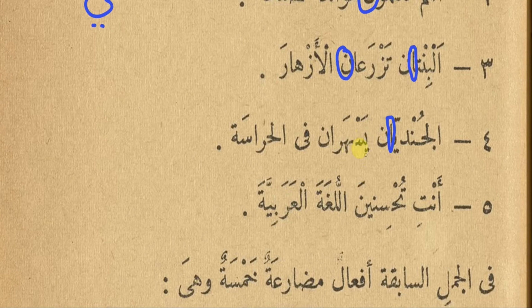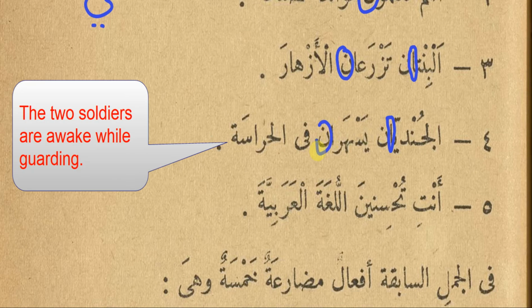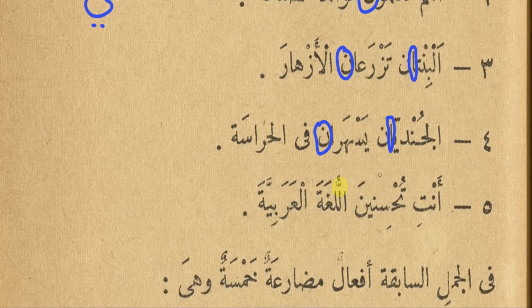The ya tells me it's the third person. This tells me there are two persons. This is the subject pronoun, this here, يسهران. So what tells me what case this verb is in is this an here. And this is what we're talking about today, this an, used as a mark with the present tense verb.